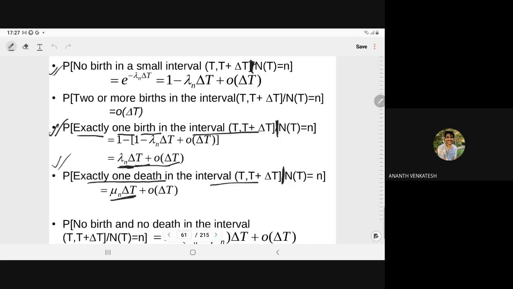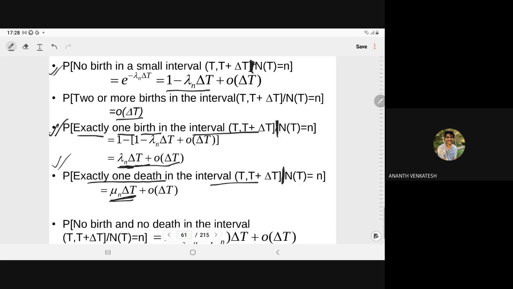Is there any doubt to understand this? No birth in the small interval is 1 minus lambda n delta t. Two or more births is higher order of the delta t. Exactly one birth is lambda n into delta t plus higher order of the delta t. Exactly one death is mu n delta t plus higher order of the delta t.